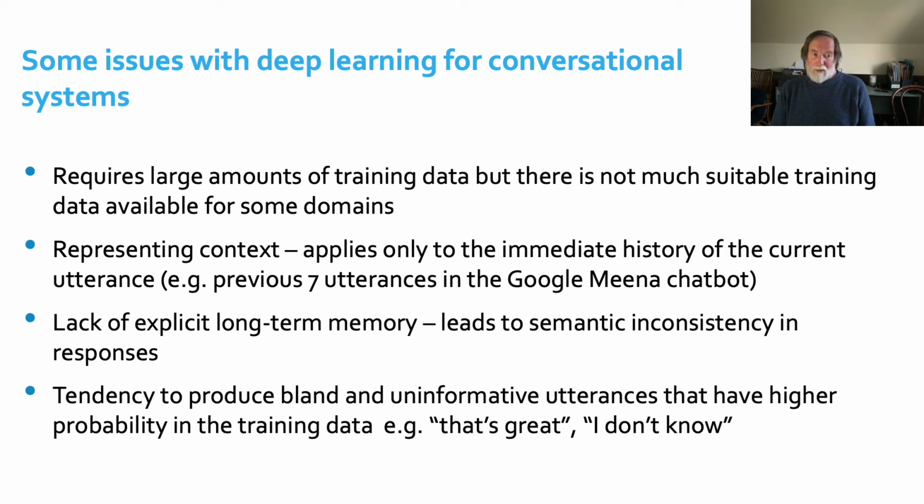And another problem is that quite often it will produce bland and uninformative utterances, which in the training data actually have a higher probability. That's utterances such as "that's great" or "I don't know," which don't actually take the conversation further.